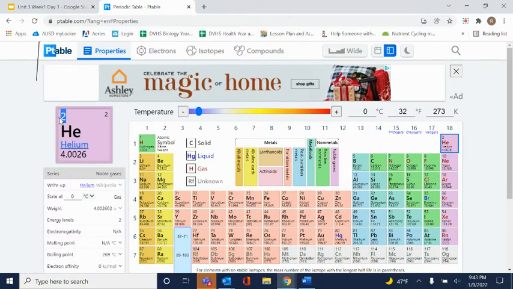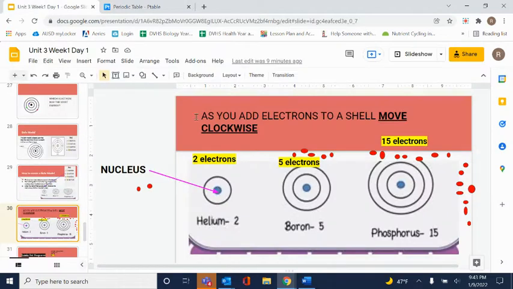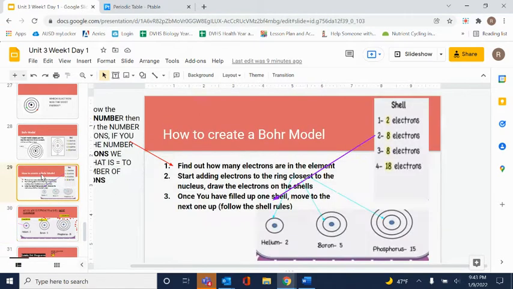It has an atomic number of 2, so it will have 2 electrons, just like I put here. Now remember the rule. I figured out how many electrons there are. Step 2, I need to add electrons to the ring closest to the nucleus, and then I need to make sure I'm adhering to the shell rule. For the first ring, only 2 electrons can fit.